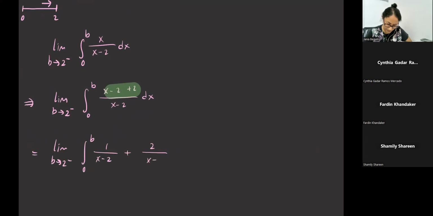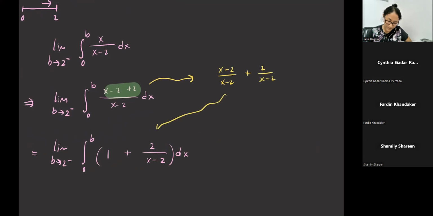Oh, wait, hold on. Sorry, guys. I messed it up. It should be just 1, and then 2 over x minus 2 dx. Let me know if you guys are okay with that. So I'm separating this: x minus 2 over x minus 2 plus 2 over x minus 2. And that's what I got this from.